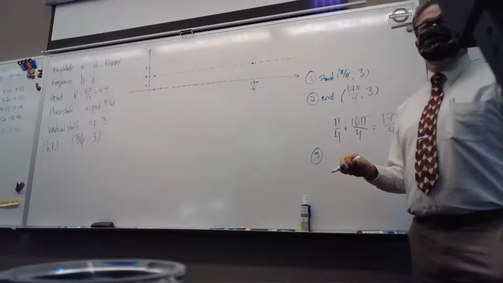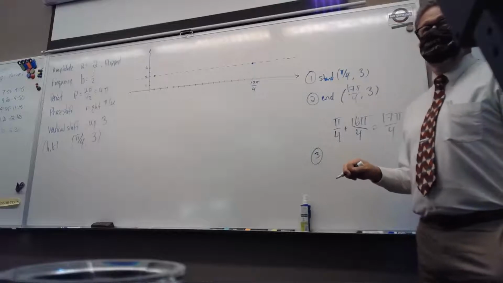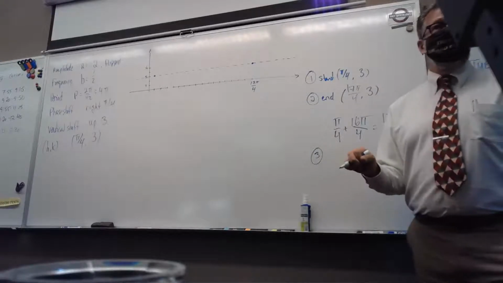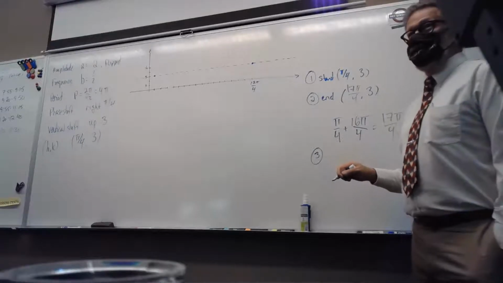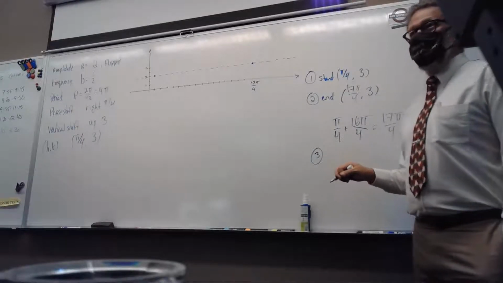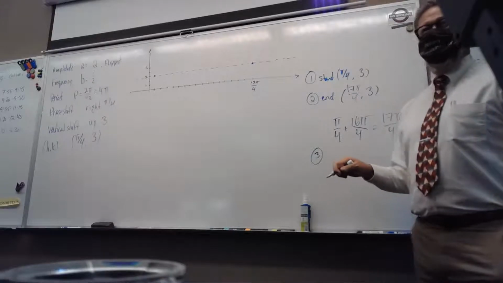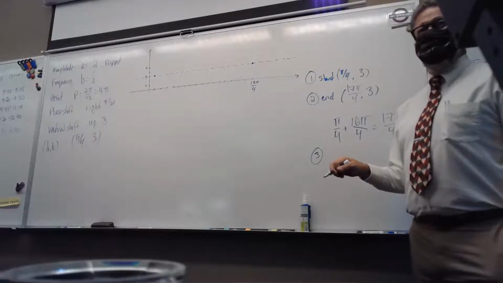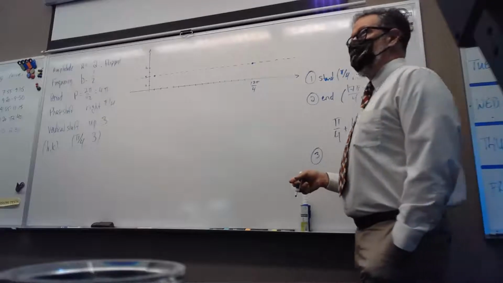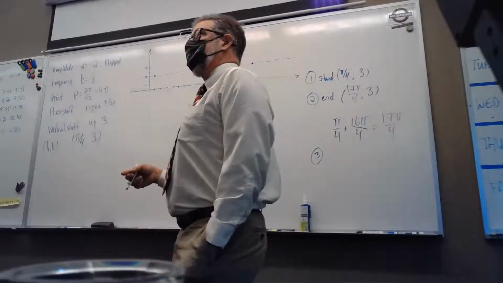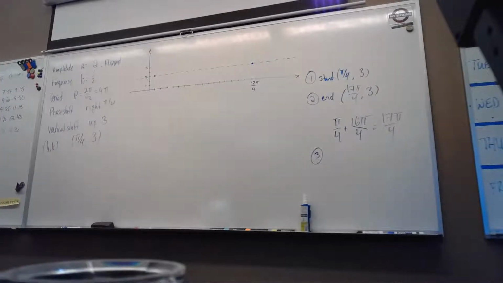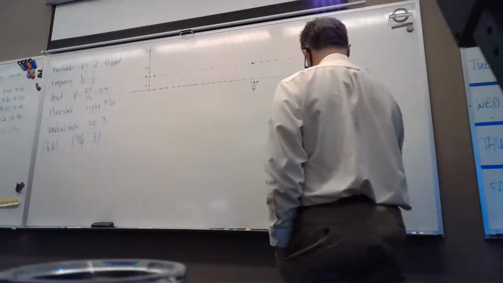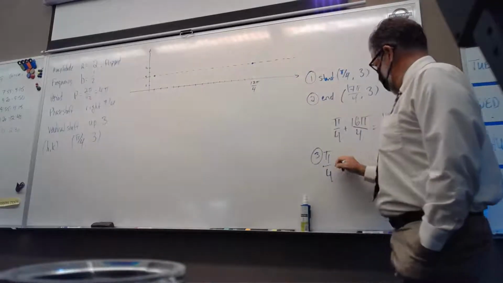Halfway between two numbers, also known as... another word for halfway between two numbers. Thinking. I got an 80% on the first test. I got a 90% on the second test. Halfway between my two numbers is 85, and that's also known as the average. Yeah.